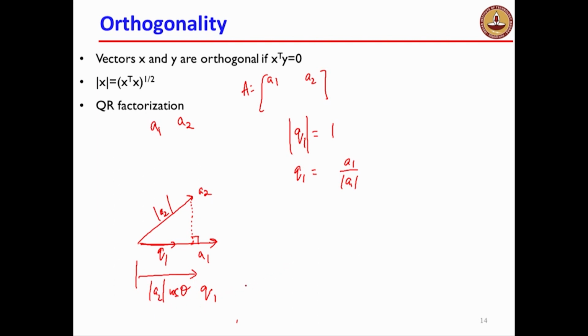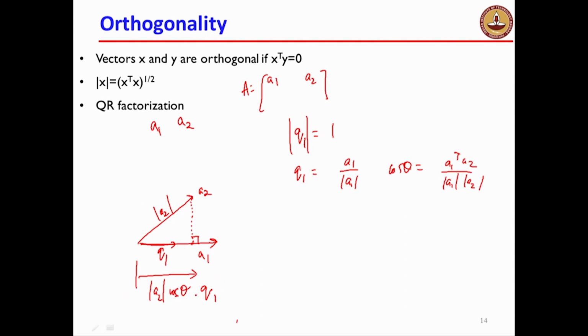Cos theta is the angle between the vectors A1 and A2. Now what I will do is, from A2 I will subtract this component over here.